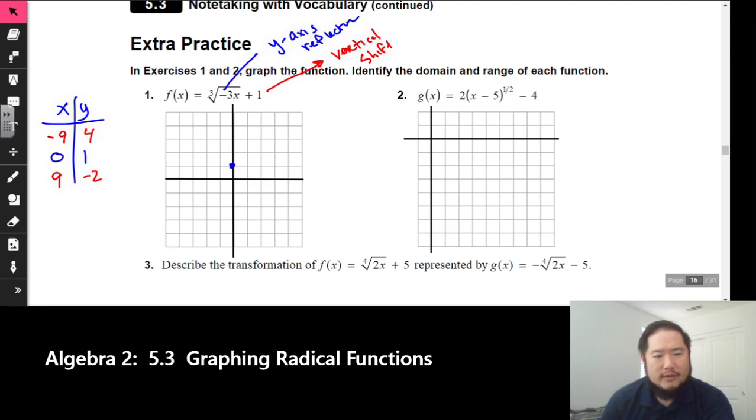This is negative 9, up 1, 2, 3, 4. We'll keep the values of y intervals of 1, but the values of x intervals of 2. So there's our 1 point right there. And then at 9, negative 2, we'll have it right here.